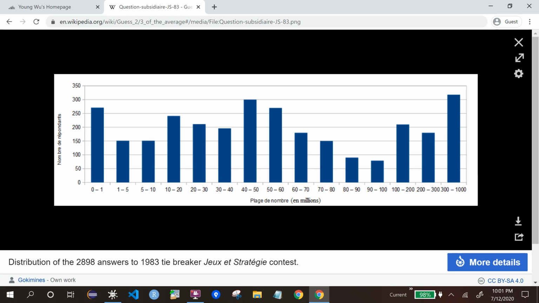Actually, the majority of the players are picking those numbers. So using our scale, it means the majority of the players are picking numbers between 0 and 10. And actually, not many people are picking numbers between 30 and 100. So it's kind of like people are rational, but people are not that rational.